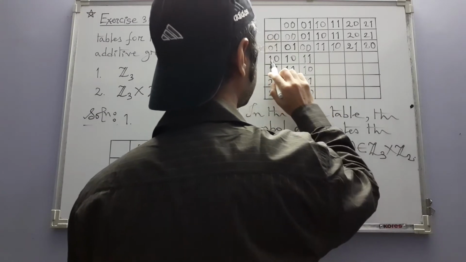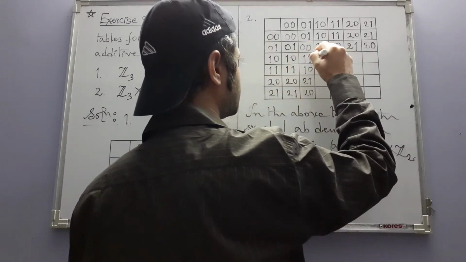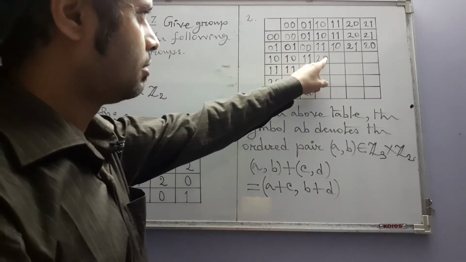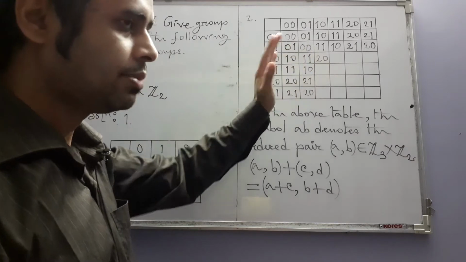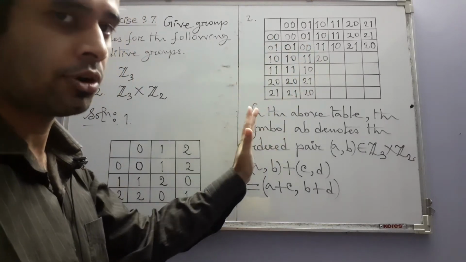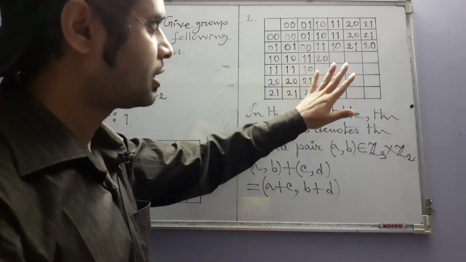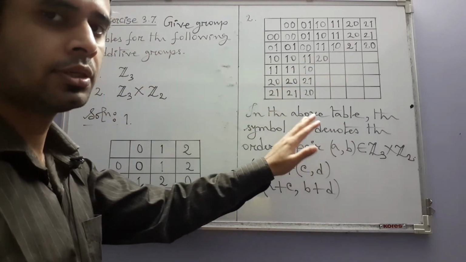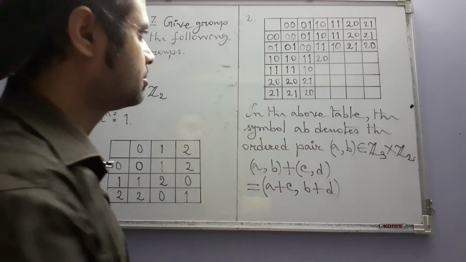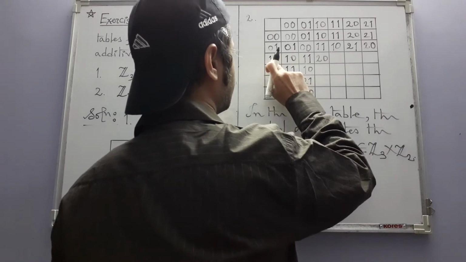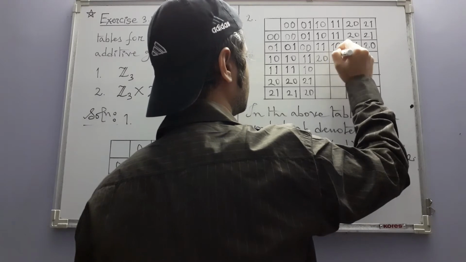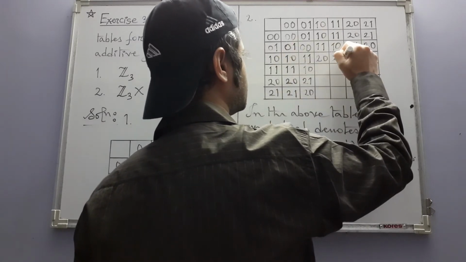Okay. The next is 1 0 plus 1 0. So this is 2 0. Keep in mind that the first number can be 2. The moment you have 2 in the first number, that is not necessarily 0. In the second numbers only, whenever you encounter 2, in its place you have to write the remainder when you divide by 2. That's why it becomes 0. Okay, next 1 0 plus 1 1. 1 plus 1 is 2 and 0 plus 1 is 1.